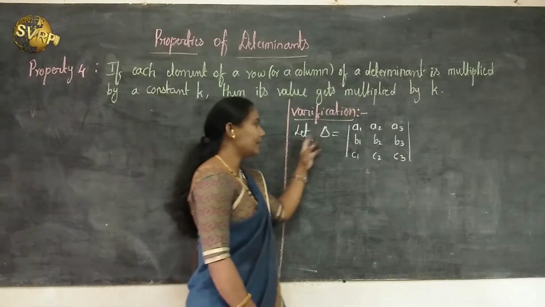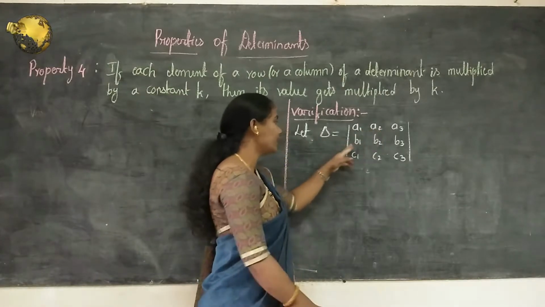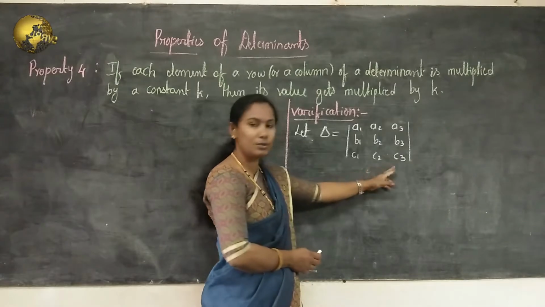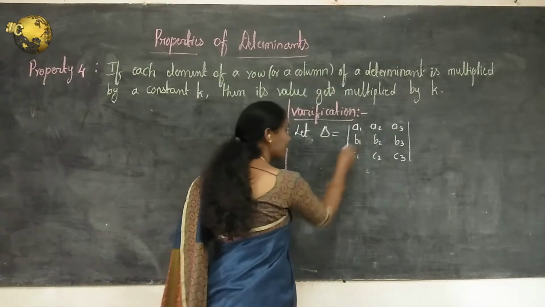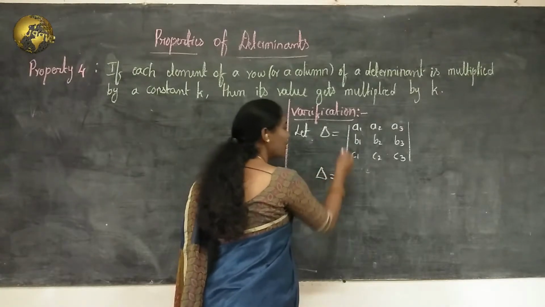So let delta be equal to, as usual, a1 a2 a3, b1 b2 b3 and c1 c2 c3. Here let me first find the value of delta. I'll expand this along row 1.